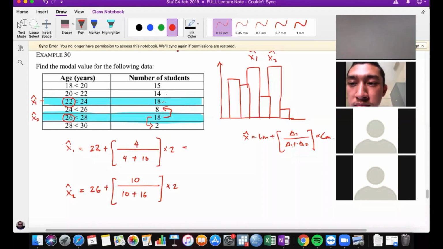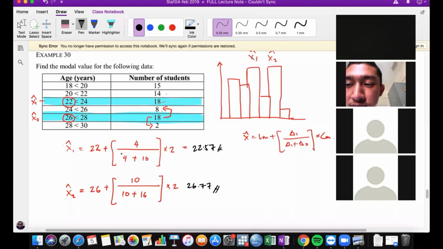So this one should be equal to 22.57, and this one is going to be 26.77. So this is how to find the mode for group data.